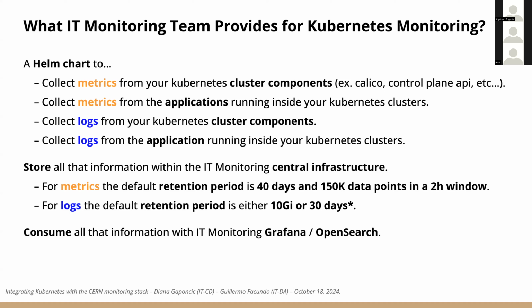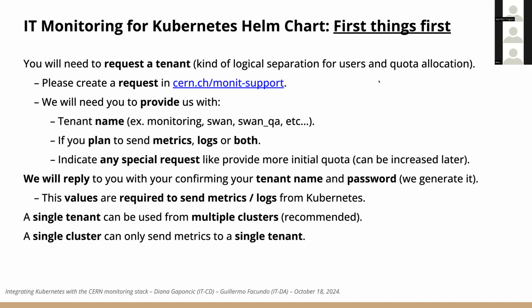There is our backend. So first things first, this is how to start with the Helm chart and the things that you need to work with it. First of all, you will need to request a tenant. If you already have one because you've been doing, for example, remote write to us, if you know that concept, you already have the tenant and you don't need anything else.